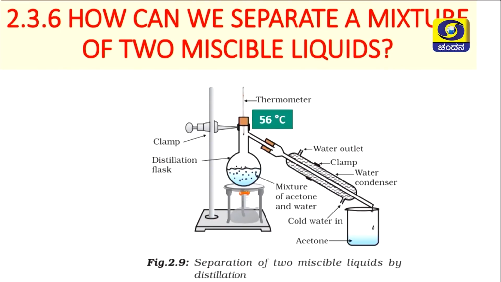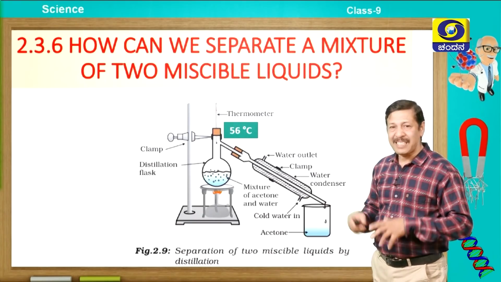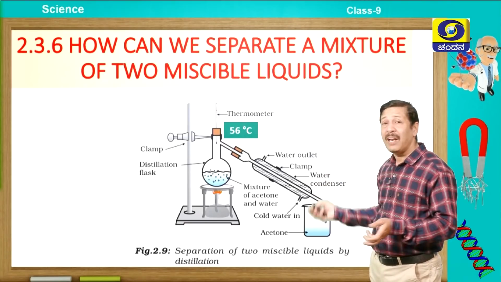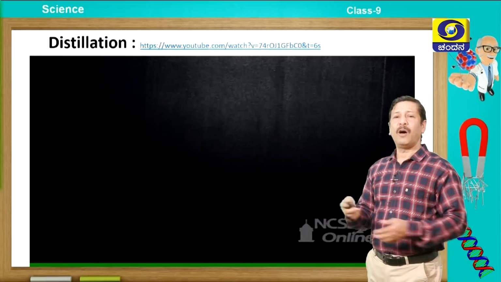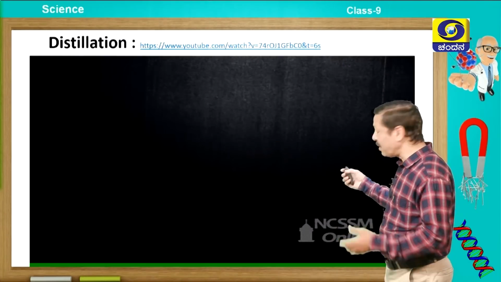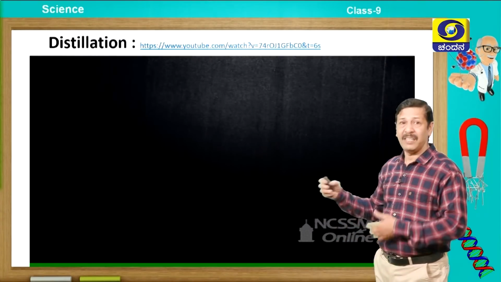Now acetone is collected in another vessel, while water is left in the round bottom flask. This is the method of separation of two miscible liquids which can mix evenly, right. Now here you have a video of distillation.